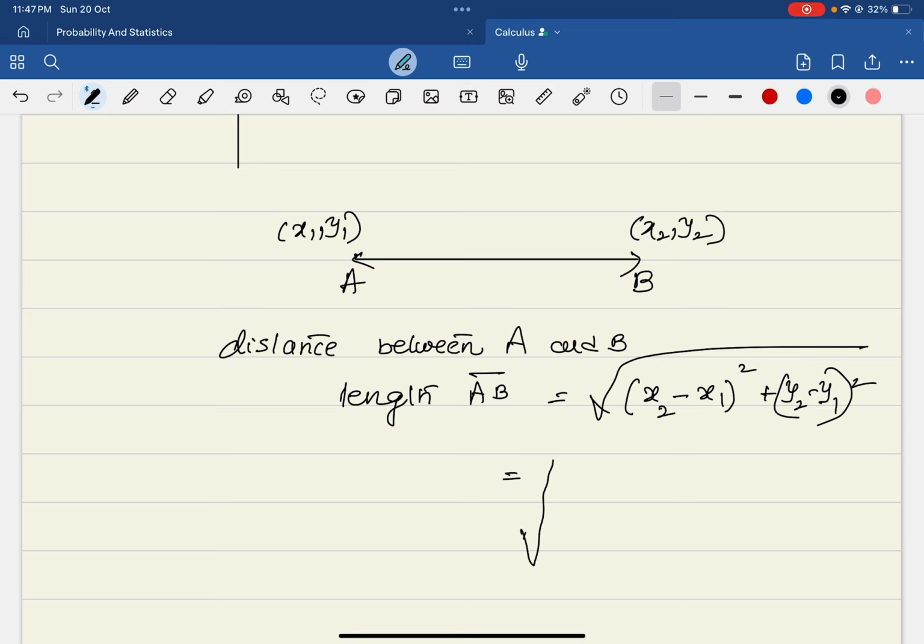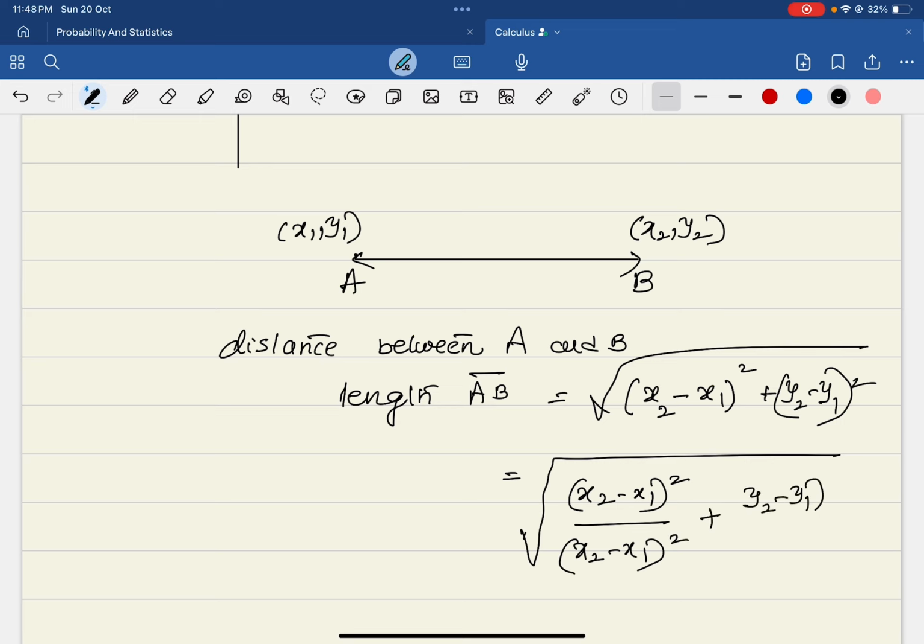Now let us rewrite this whole thing. I want to divide by (x2 minus x1) the whole square. Then we get (x2 minus x1) the whole square over (x2 minus x1) the whole square, plus (y2 minus y1) the whole square by (x2 minus x1) the whole square.